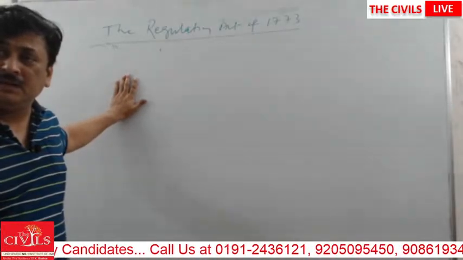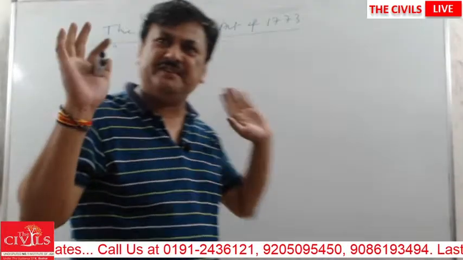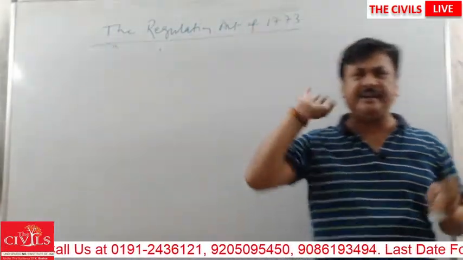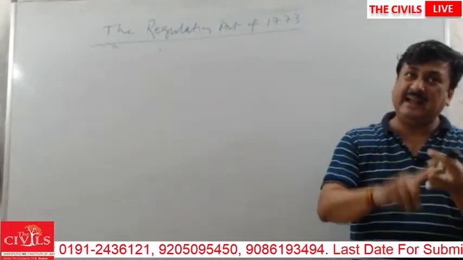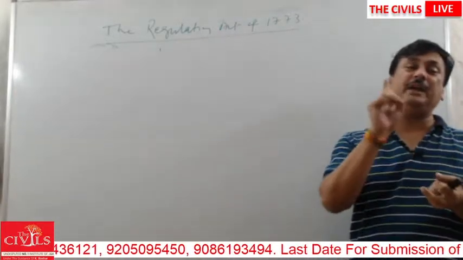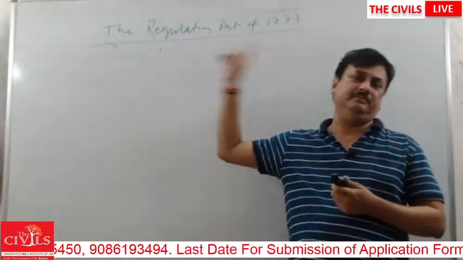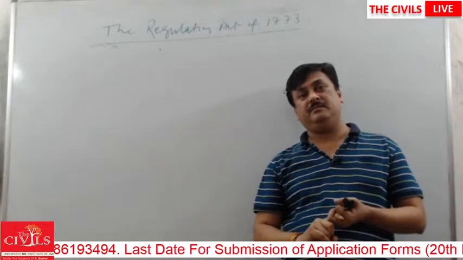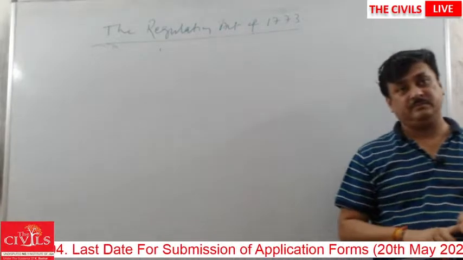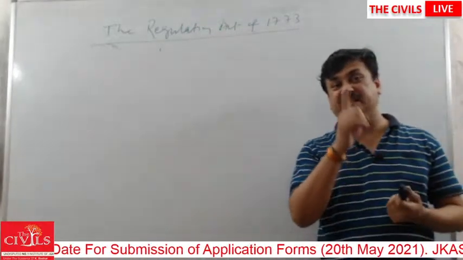Under the Charter of 1600, the company got a trade monopoly right. But to maintain that trade monopoly right, the company had to pay 4 lakh pound every year to the government. But the company was not paying this amount since 1768.